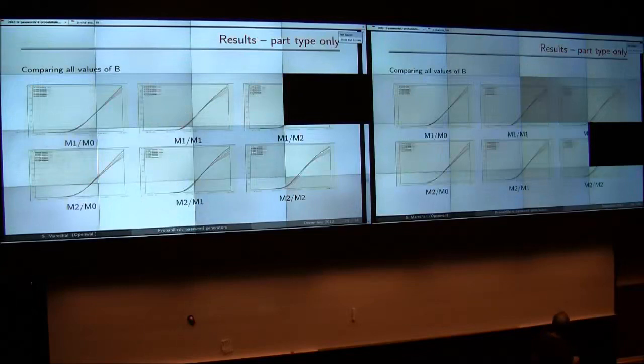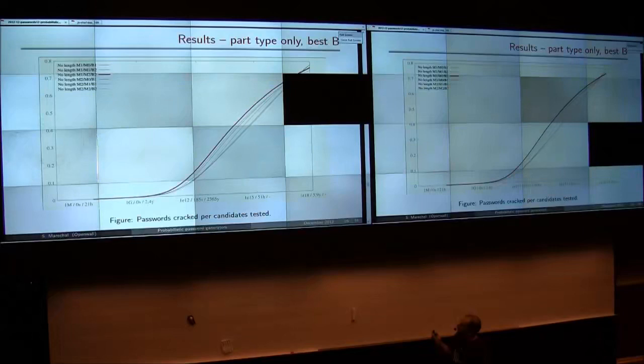Okay, so I did all the comparisons. The graphs here are not really readable. If you want to check them, you will be able to download the slides and zoom in, it's all vectorial, so there is no problem with that. But in the end, I selected the best performing system for each different probabilistic model.